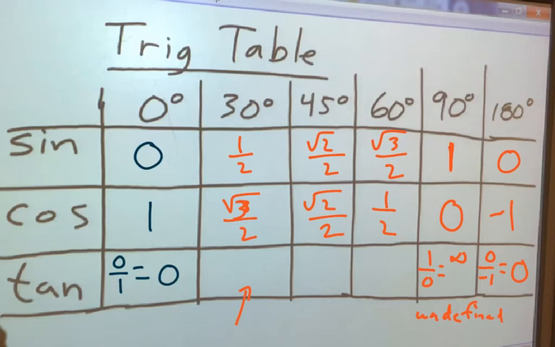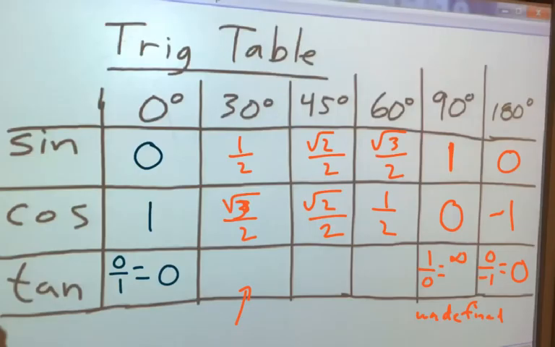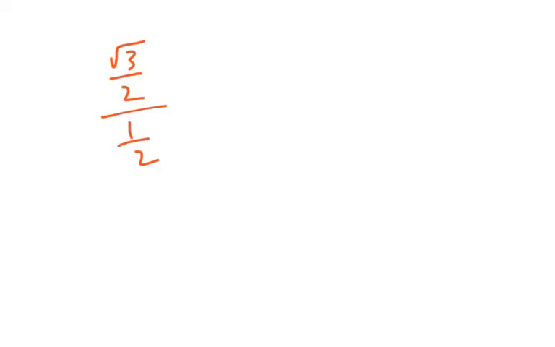Okay? What about the 60? Well, if I took square root 3 over 2 and I want to divide that by 1/2, because that's what I have. Sine divided by cosine, right? Well, one thing I could do, to simplify this, is times top and bottom of my ratio by 2, because that gets rid of the 2.